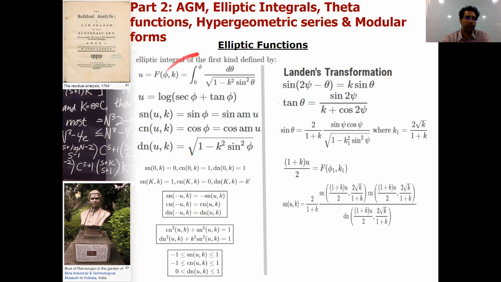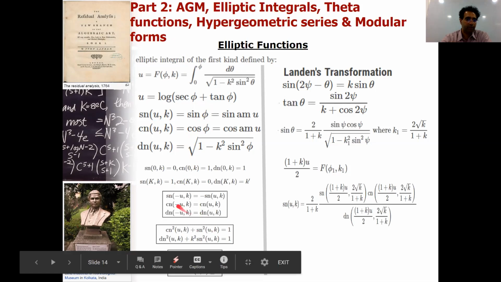So you take the elliptic integral of the first kind, you take u, and then you define a relation called u involving phi, and then you put specifically sine phi as Sn, and cos phi as Cn, and so on. When you do that, what you find is it obeys a specific set of relations. Sn of minus u comma k is minus Sn u of k, and so on.